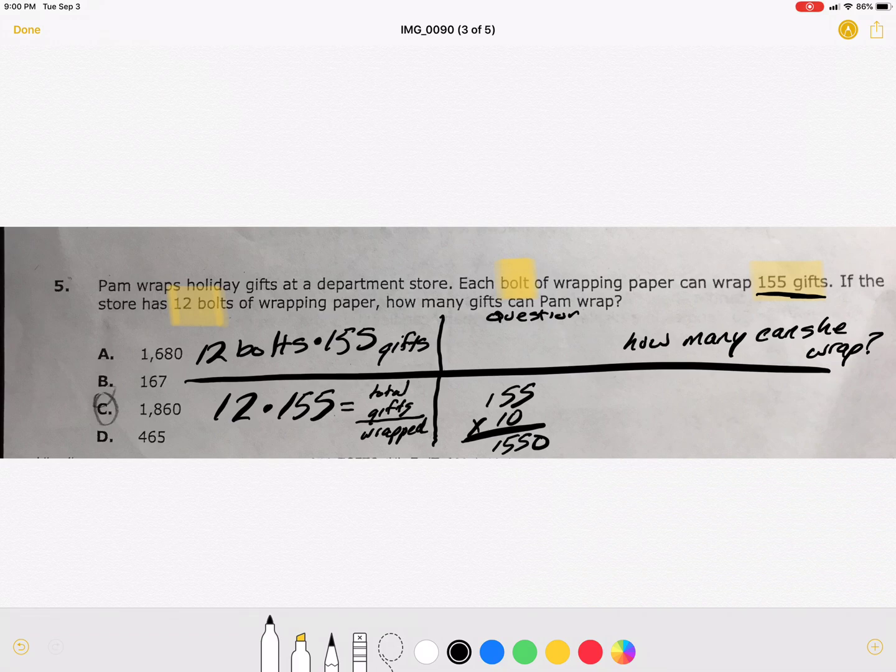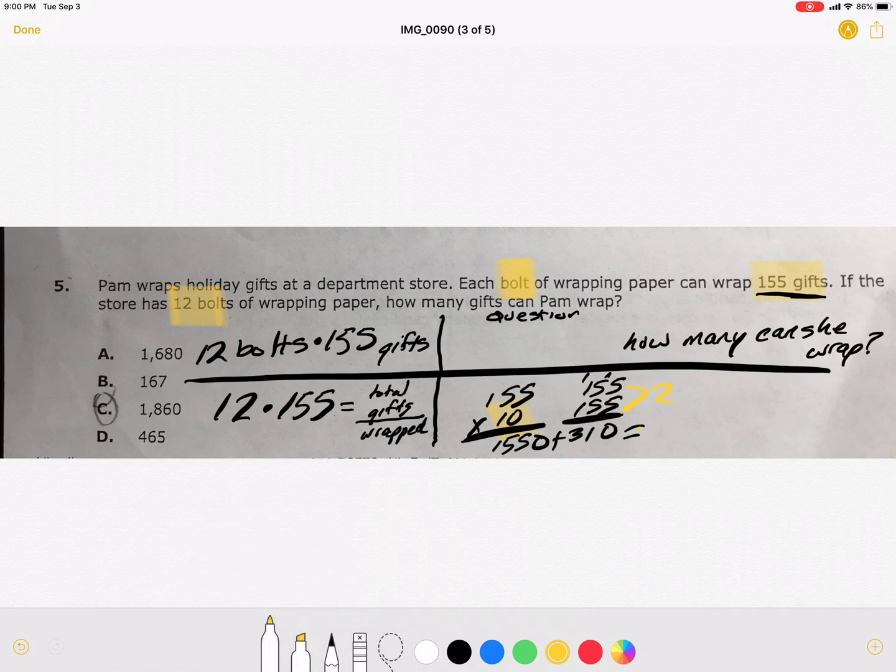And then, just to do repeated addition, 310 is our next group of 2. So this is 10 of them. That's 2 of them.